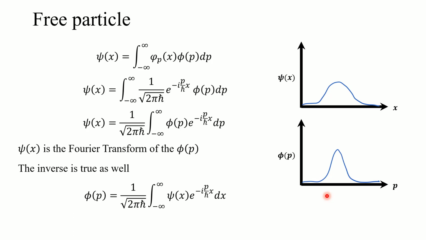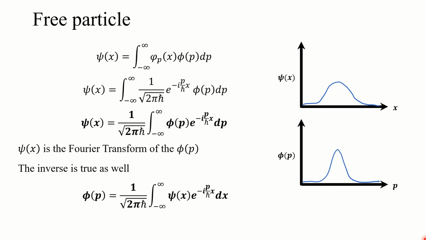So again, what we're essentially doing is writing the state of the system, or getting the relevant information about the state of the system, in either a position basis or a momentum basis, those two continuous variables. And which one we use is really going to be a matter of convenience. We're going to probably focus a lot more on the position space wave function, but they're essentially the Fourier and inverse Fourier transform of each other.